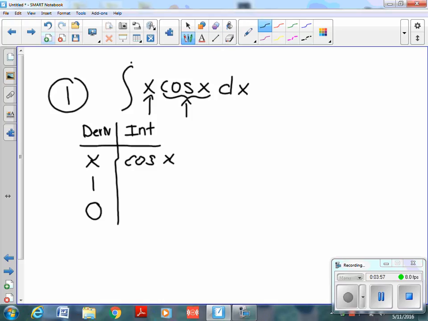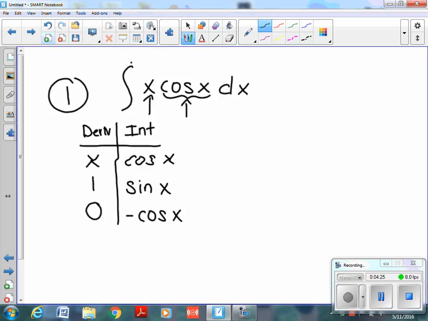You keep going until you can't go any farther. Sorry, I'm not taking the derivative on this side, I'm integrating. What's the antiderivative of cosine? Sine of x. What's the antiderivative of sine of x? Negative cosine of x.